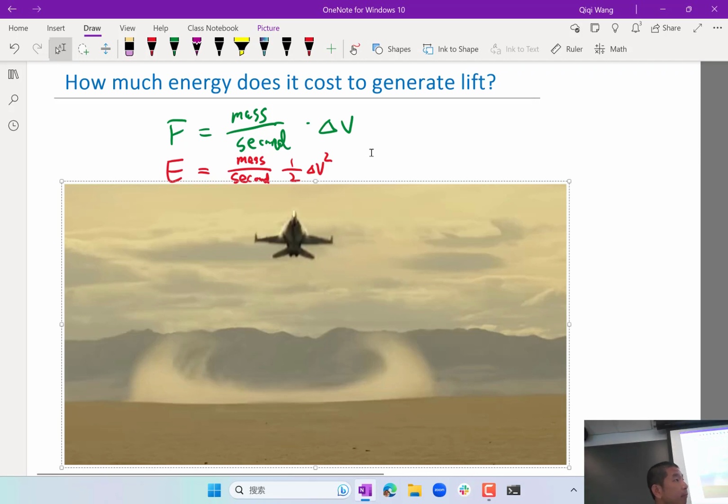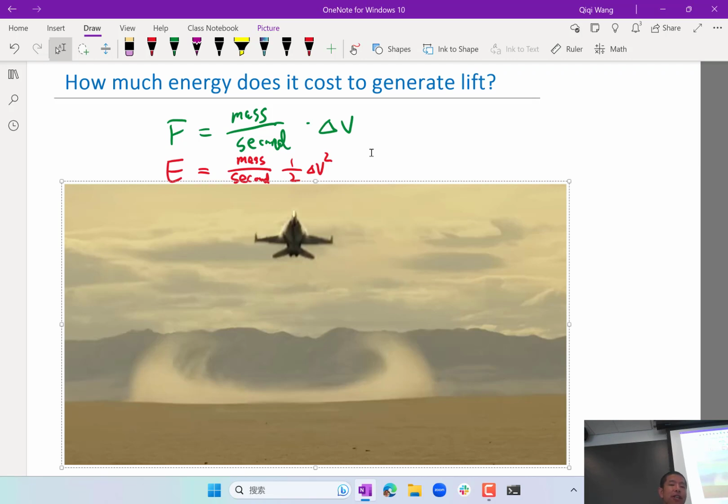If you have a fixed span and you want to move more mass, it seems like you'd want to increase the chord, but that would decrease the aspect ratio, which would make it less efficient. So is there a trade-off there, or is that just two completely separate effects? Yeah, the question is, if you want to move more air for the same span, it sounds like you want to increase your chord, right?